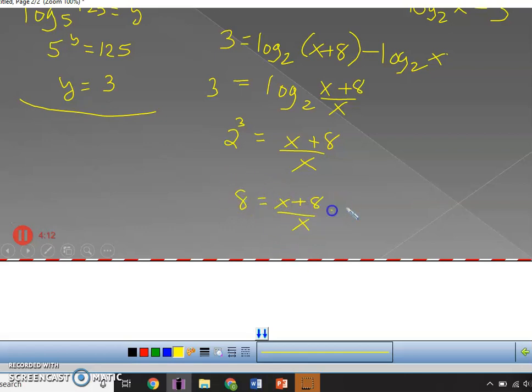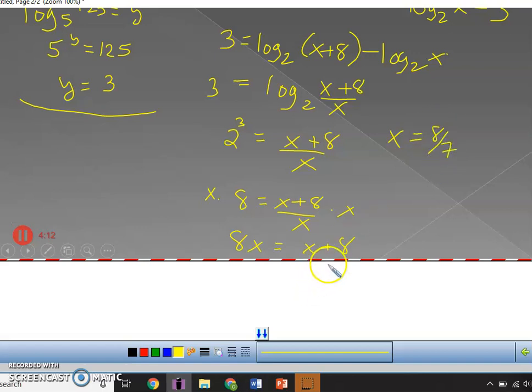Now in order to solve this, we'll multiply both sides by x. So we have 8x equals x plus 8. And now subtract x from both sides. Make sure I did everything right. Seems to be. So subtract x from both sides, and we end up with x equal to 8/7, it looks like.